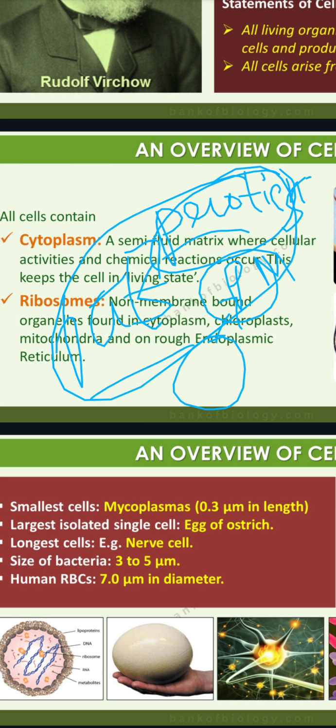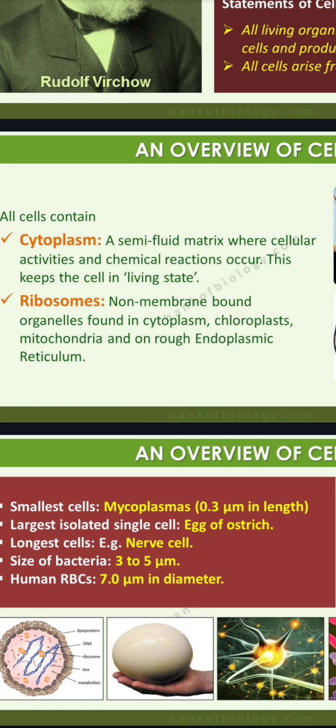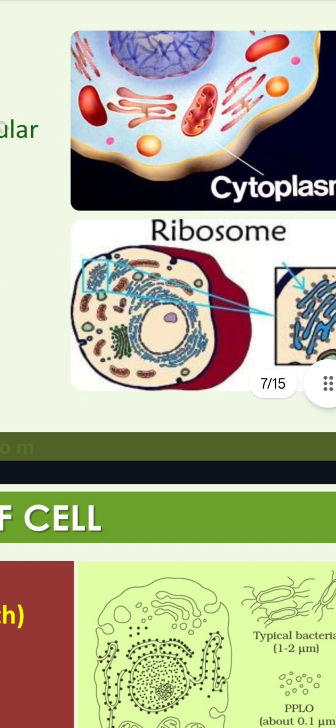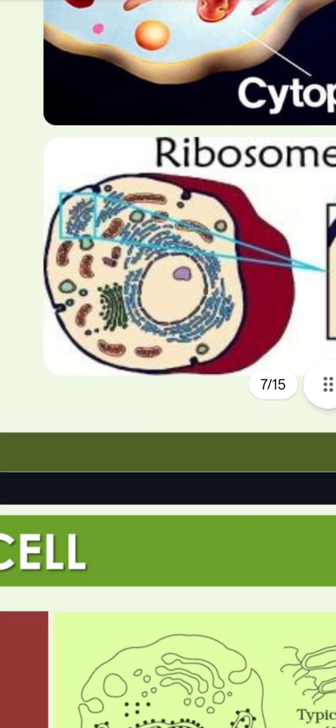So the ribosome has the special ability to prepare these proteins. It can be found freely in the cytoplasm, roaming here and there, or in the chloroplast in a plant cell, or in mitochondria, or in the rough endoplasmic reticulum. We'll discuss it later. As you can see, these are the ribosomes.